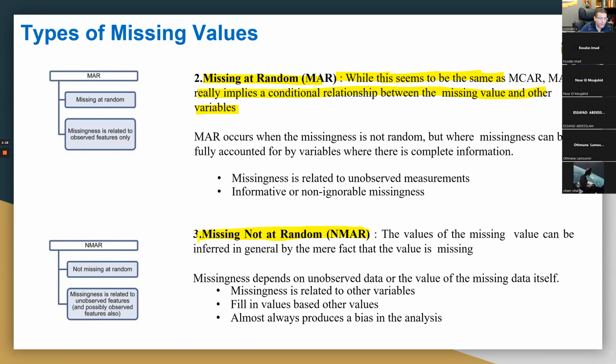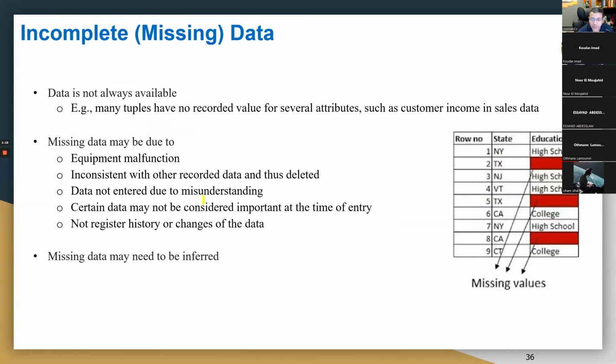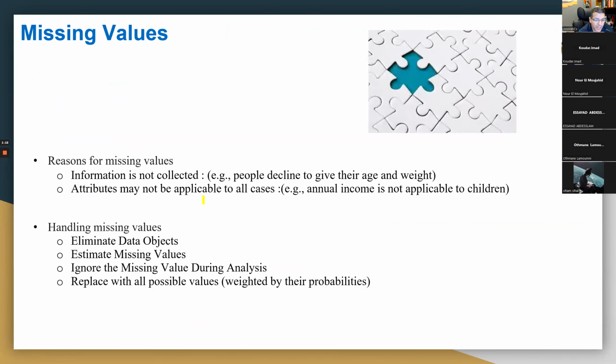You are going to give me wrong information. You are not going to give me whatever. So that is not missing, not random. MNAR. يعني so before when we are dealing with missing values, we need to find the source of the missing values.